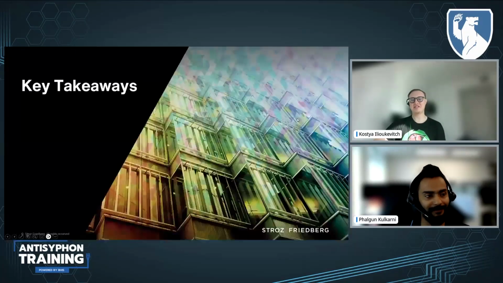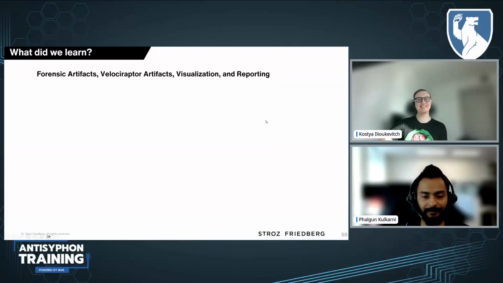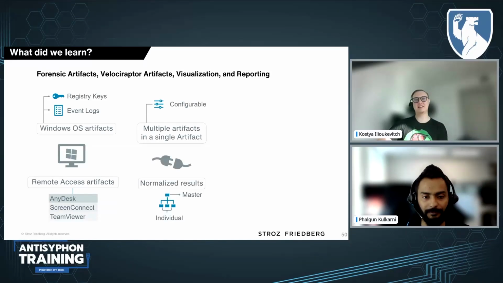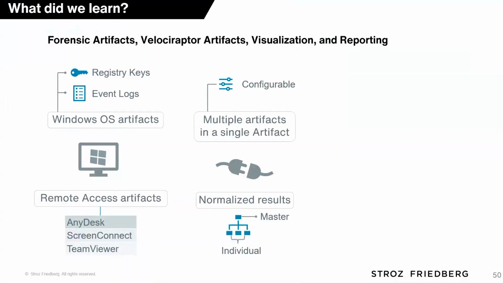All right. So what did we actually learn today? What did we talk about today? What are our key takeaways? Today we talked about various forensic artifacts. We talked about how we can take all those artifacts and put them into one single Velociraptor artifact definition that would output normalized results.